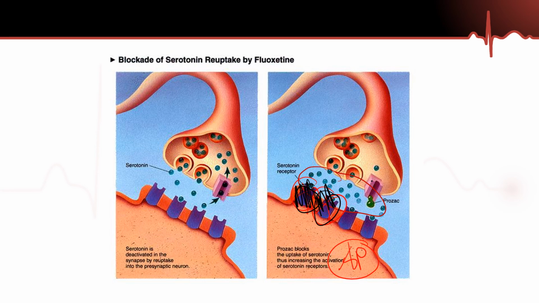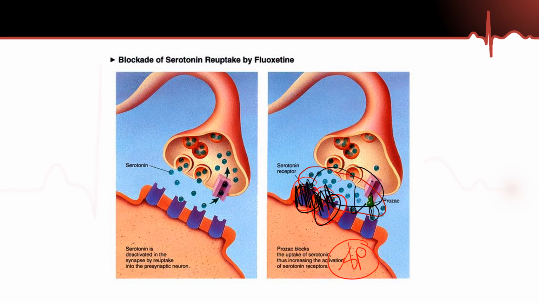So to compensate and to adapt, it'll actually downregulate the number of receptors that it has for that chemical messenger, which will do what? It'll reduce the magnitude of effect that that chemical messenger can have on that cell.